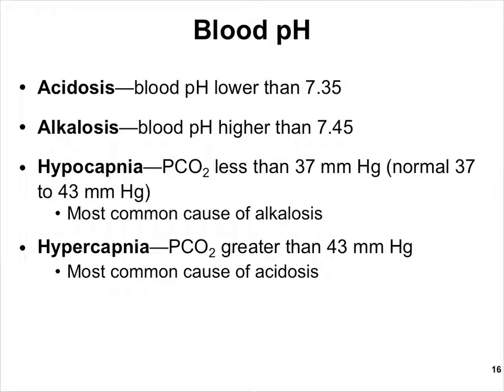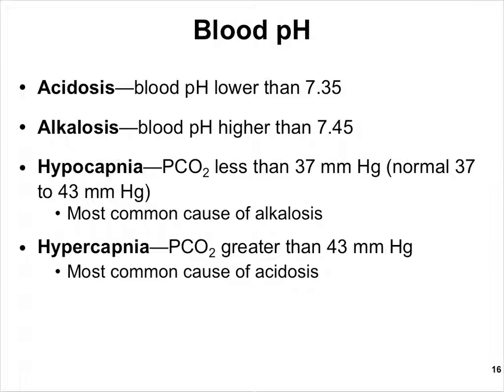What can cause acidosis and alkalosis? Well, alkalosis is frequently caused by hypocapnia. Hypocapnia means too little CO2 in the blood. It's by far the most common cause of alkalosis.